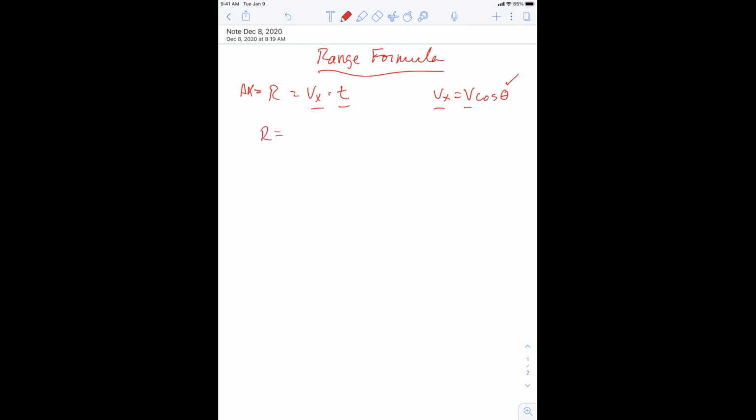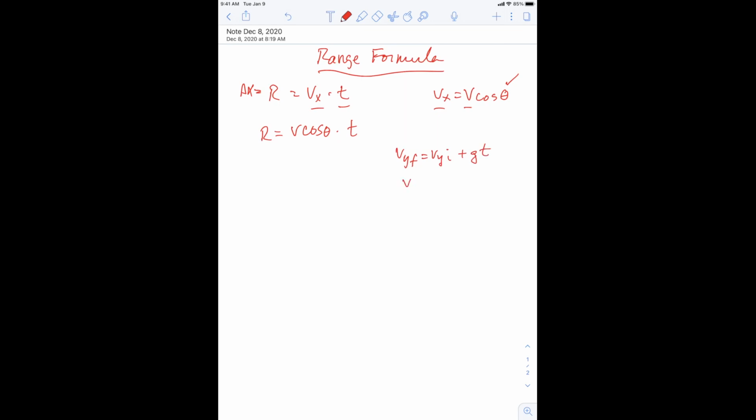If I substitute in v cosine theta for v sub x, I'm now only left with t. Now, we know that in the y direction, vy final equals vy initial plus g times t. This is one of the kinematic equations, dead easy.